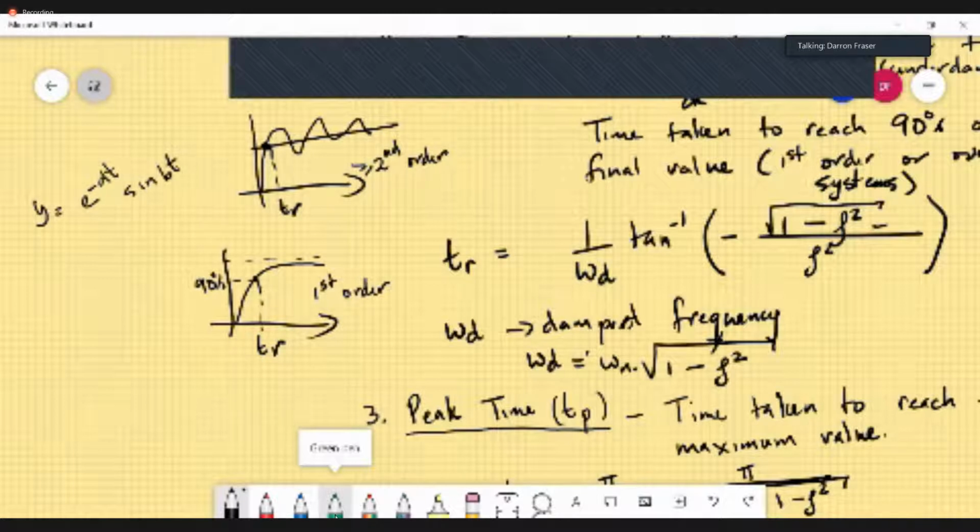So to find, for example, rise time, you may equate this formula to 1 and solve, or you equate it to 0.9 and solve.